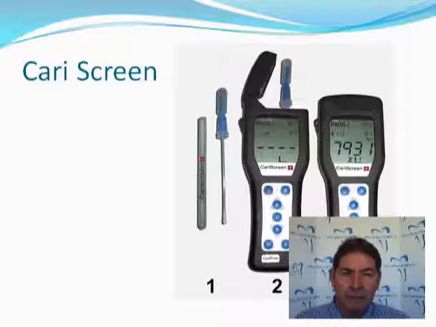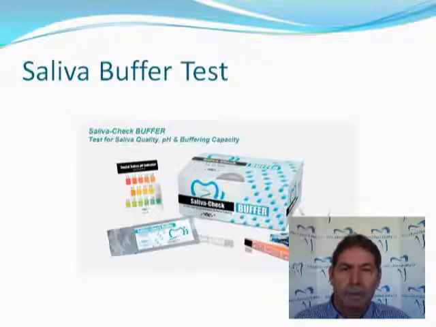The Caries Screen system is a device that we're going to use that actually evaluates the level of decay-causing bacteria, specifically strep mutans in your mouth. It's a very simple saliva test. It yields a number, and the number is reflective of the level of bacteria that's in your mouth. Very straightforward. We might do a salivary buffer test where we look at your saliva's ability to handle acid attacks.